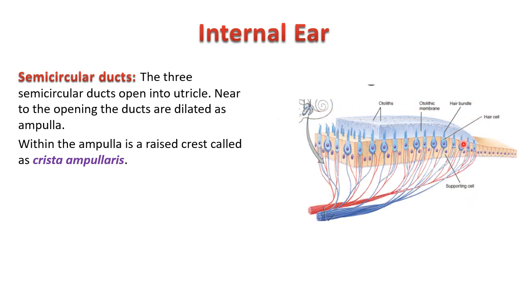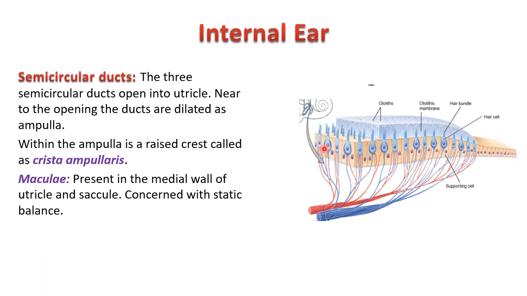In the same way, inside the saccule and utricle, you can see specialized cells which are called the macula. These hair cells are the sensory cells. They don't have kinocilia, but they have the stereocilia, and this is covered by the otolith membrane.